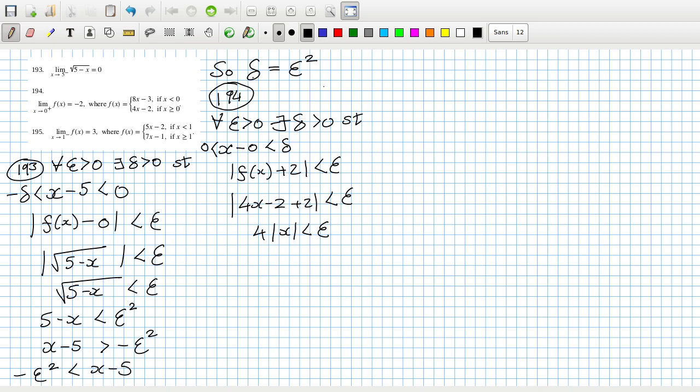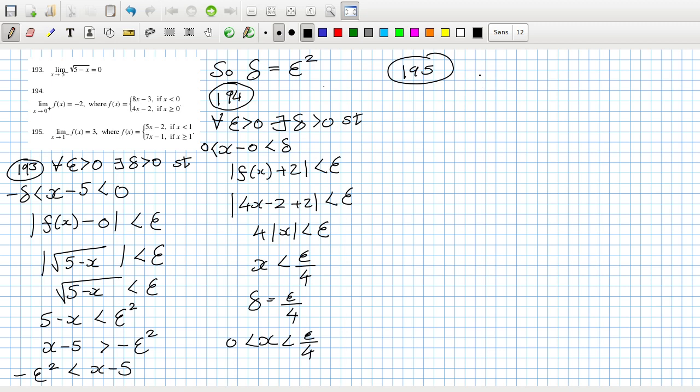We're talking about positive x from 0 to delta. So x is less than epsilon over 4. So the delta is epsilon over 4. So as long as your x is between 0 and epsilon over 4, then you'll be within epsilon of the limit. Okay, 195.